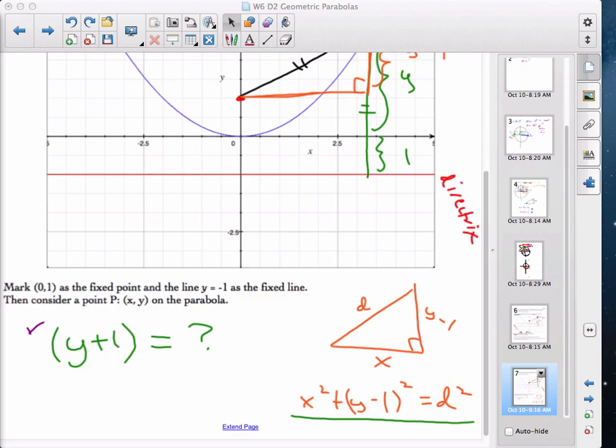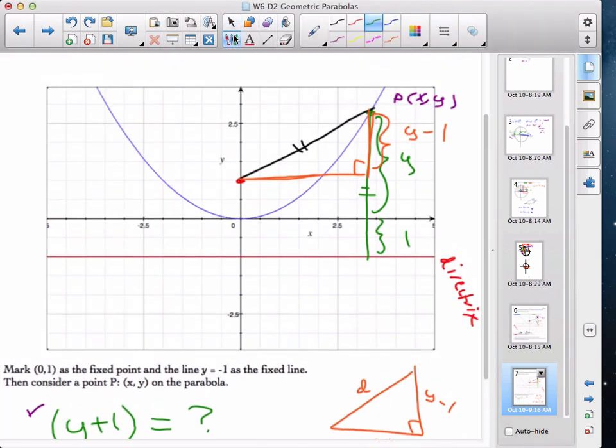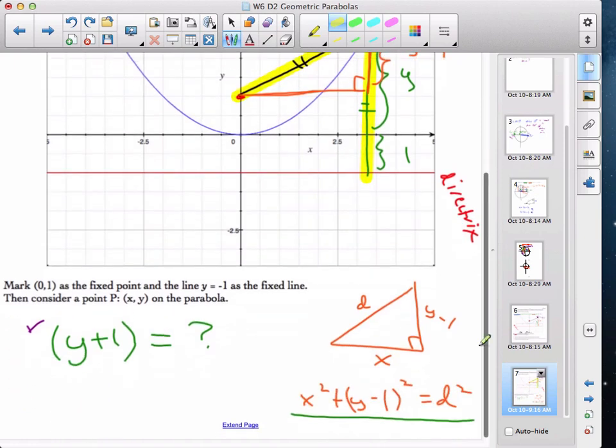So where we last left our progress here, we were talking about the fact that these two segments are equal, and we found two different equations for those segments.